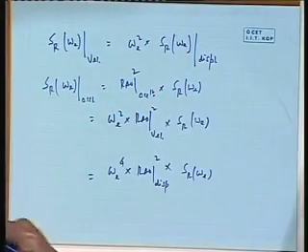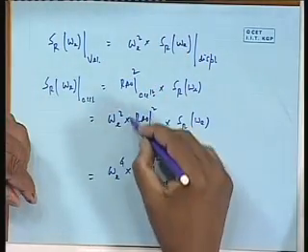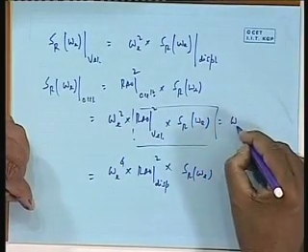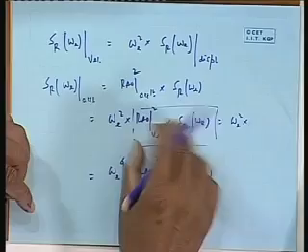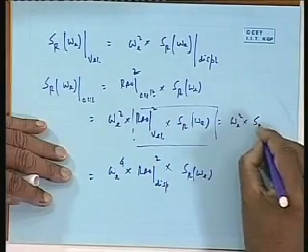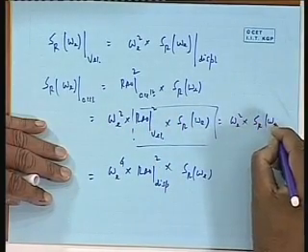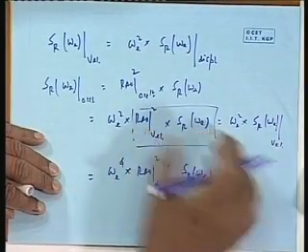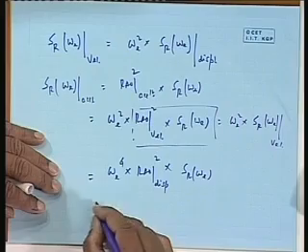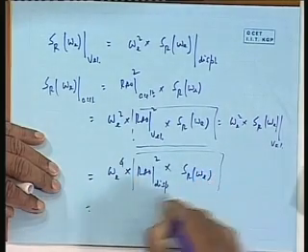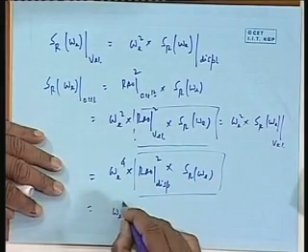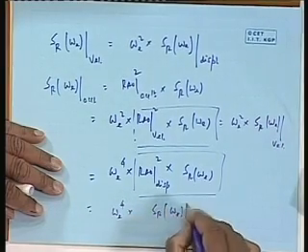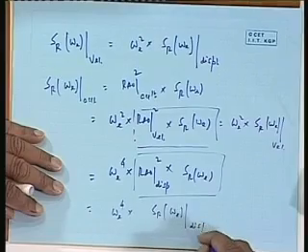Now interestingly, I kept omega e square, and this part is nothing but SR omega e velocity. RAO square velocity into SR omega is obviously SR omega e velocity, and this part becomes omega e to the 4 into SR omega e displacement.